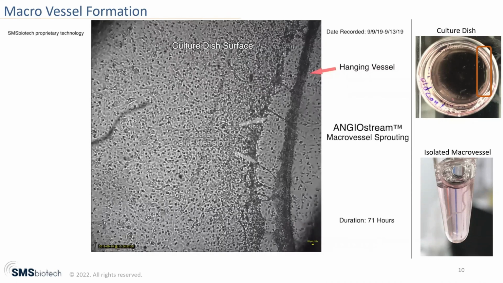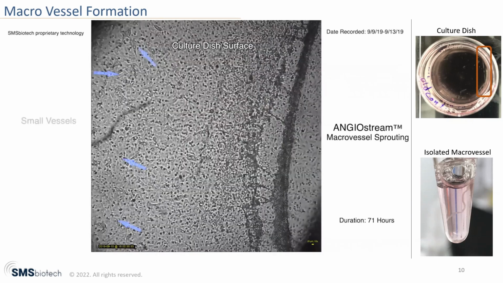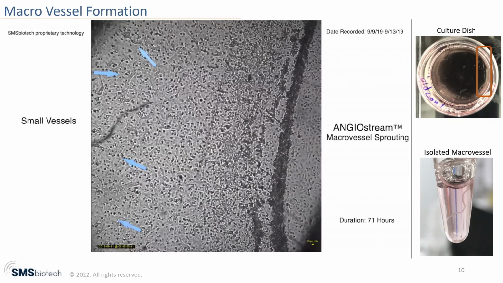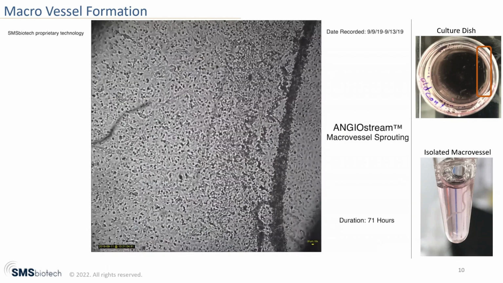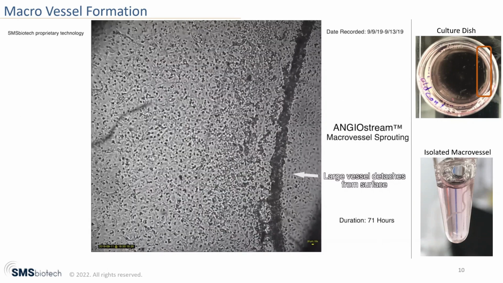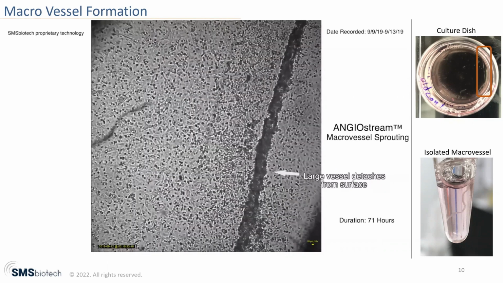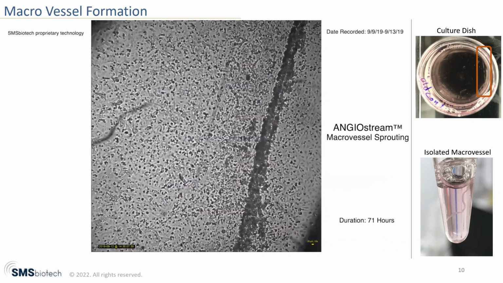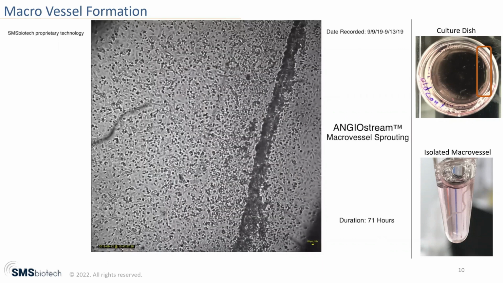The formation of these blood vessels from human endothelial cells is made possible by SMS ECM. This is actually unique to our technology and a statement to the capabilities that SMS cells present. The vessels can be isolated and studied further.